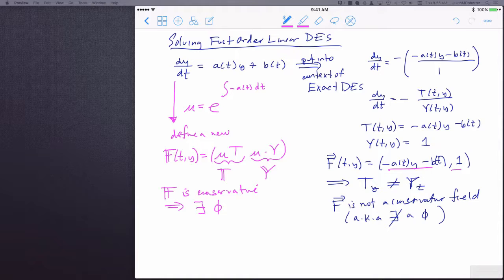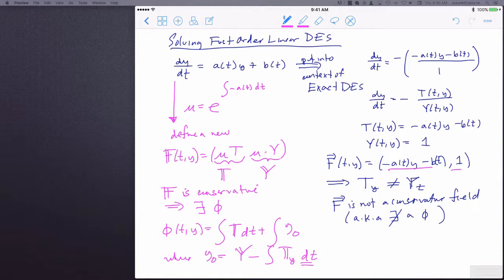Okay, and since there did exist a potential function, we could go through the formula for it just as we did for exact equations. It would be the integral of boldface T integrated with respect to t, plus the integral of psi, where psi is given by boldface Y minus the integral of the partial derivative of boldface T with respect to y, and then integrate all that with respect to t.